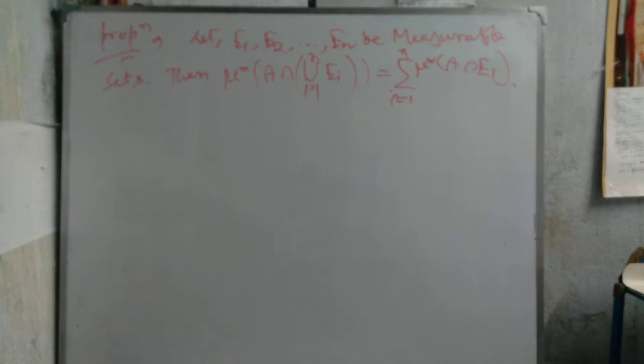So this one is an important proposition. How do we develop it? We first develop the union of two sets intersection A. Then we develop the union of n measurable sets intersection A. What happened here? We also see now what happened here.